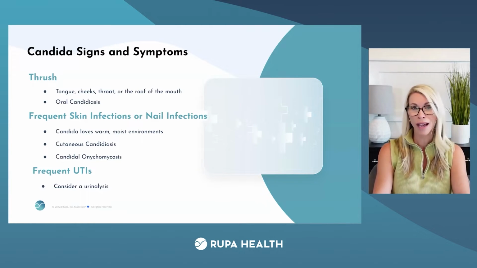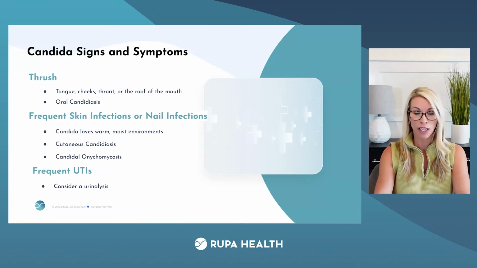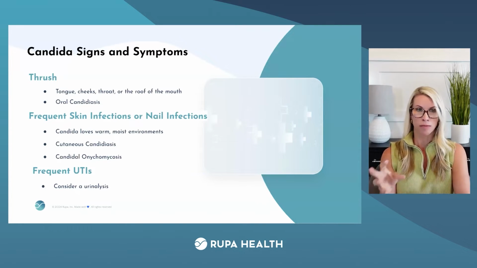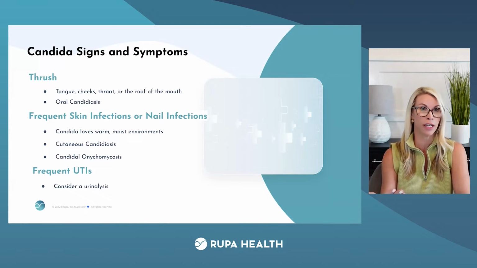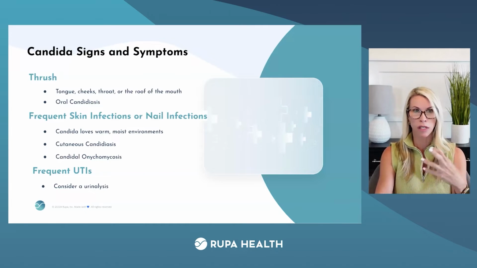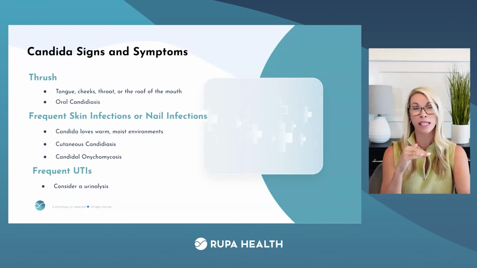They could also be having some frequent skin infections or nail infections. So Candida normally lives, like I said, on the surface of the skin. But sometimes these yeast can make their way beneath the surface of the skin or even the nail, and again, causing infections. Candida really loves this warm, moist environment. And so these infections on the skin typically occur in like skin folds.